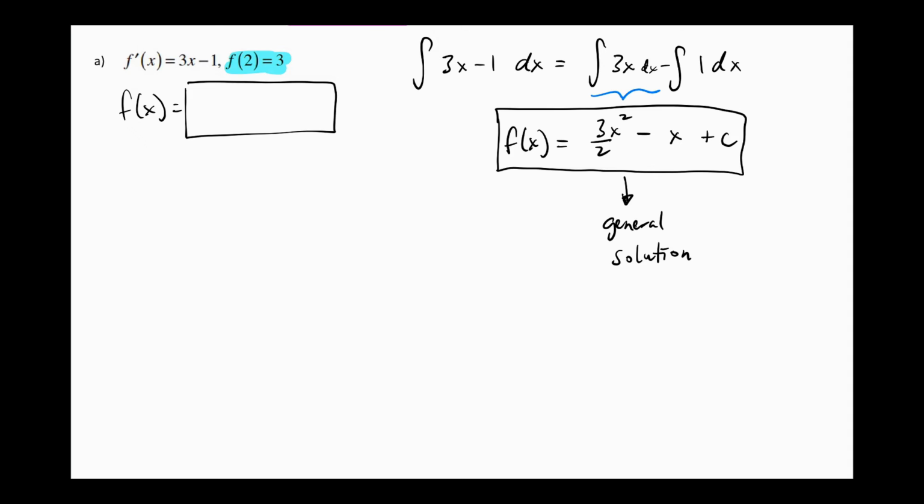So I'm going to plug in the original. f of x is y. So 3 equals 3 over 2 squared minus something plus c. So I'm plugging in 2 for x.